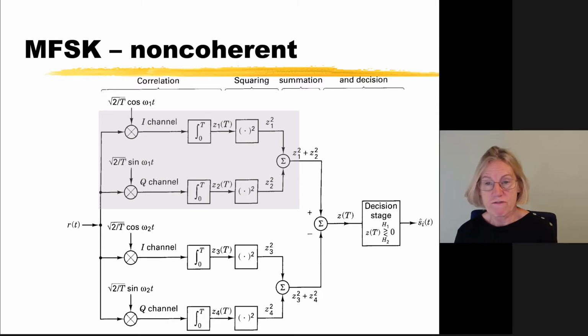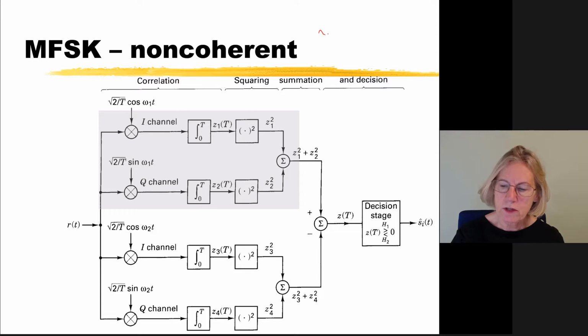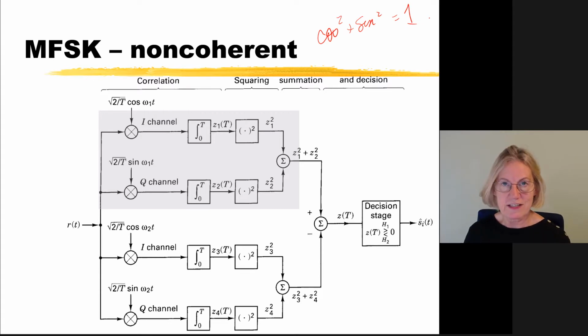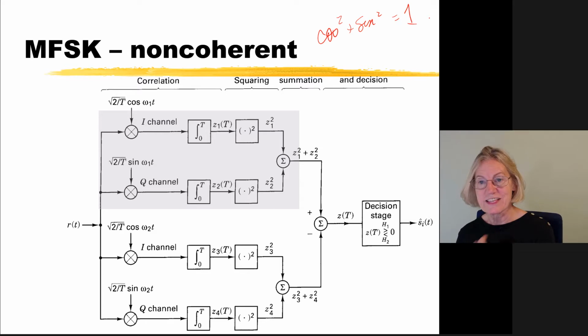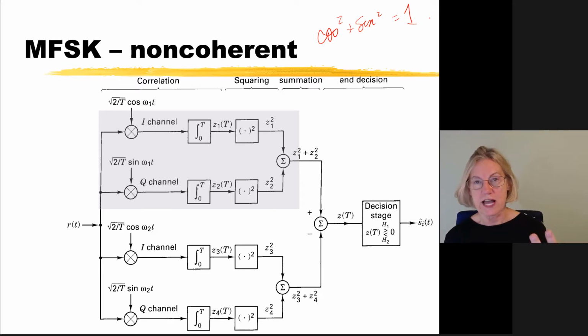So if we didn't know the phase, you can think of this as being sort of like that cosine squared plus sine squared is always going to give you 1, no matter what the phase is. So this is the strategy behind this: there is an unknown phase. I know if I'm just in the cosine branch, it could go through 0. If I'm just in the sine branch, it could go through 0.